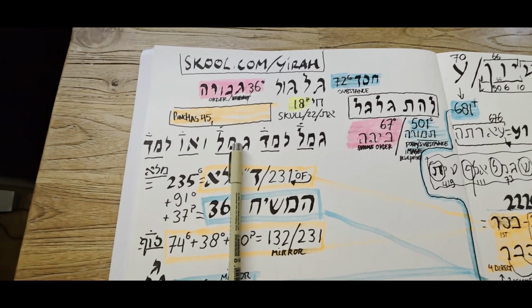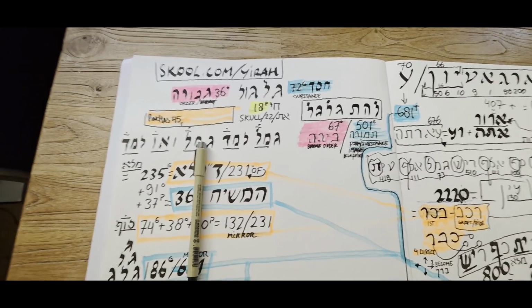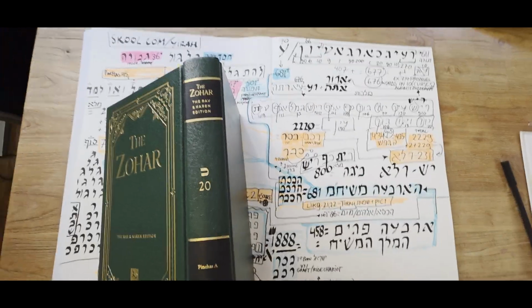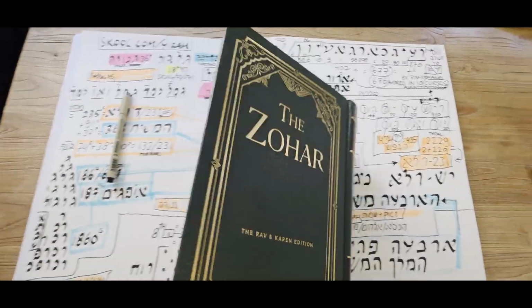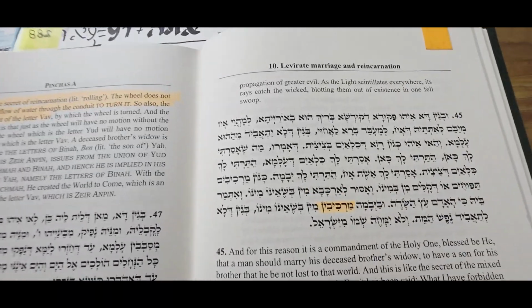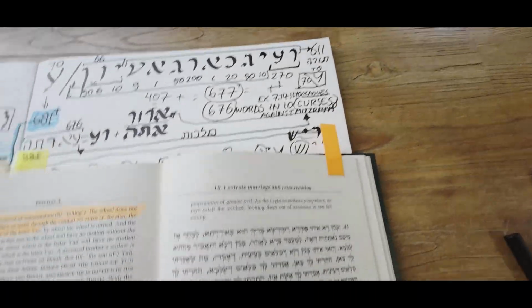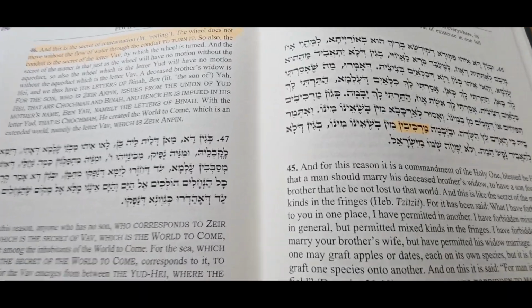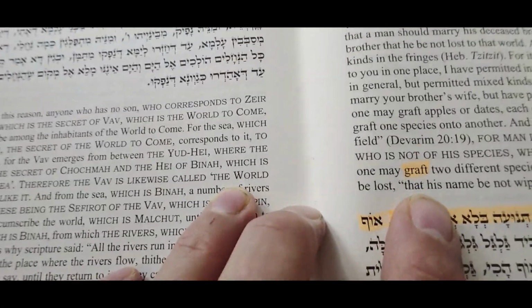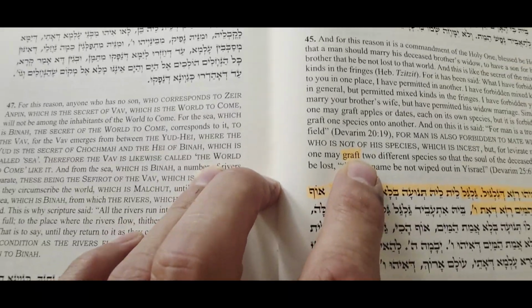Pinchas 45. Okay, let us read about this before we dive into the real matters here. So in the Zohar, book 20 of the Kabbalah Academy version, we'll read about the grafting also. We won't read this whole chapter.